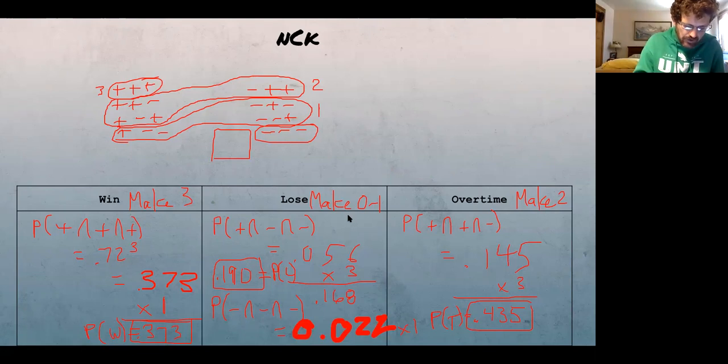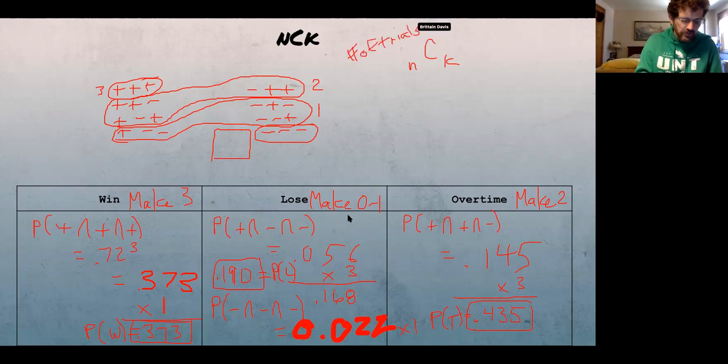The way we say this is n choose k. And n right here, we're just going to think of it as our number of trials. And k is going to be our number of successes.